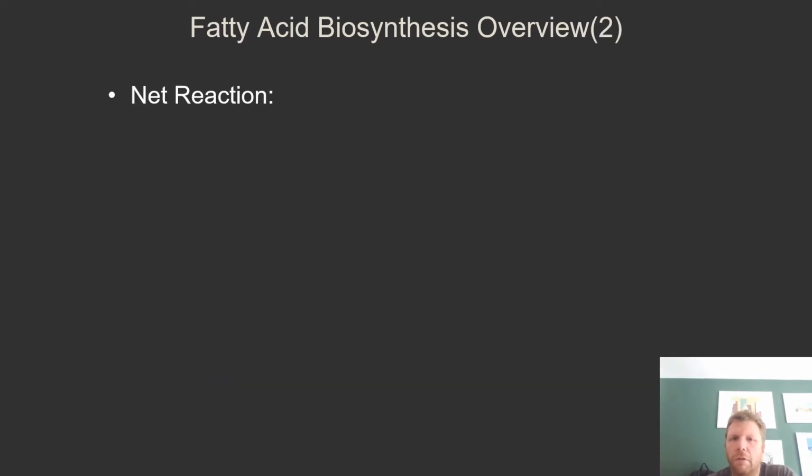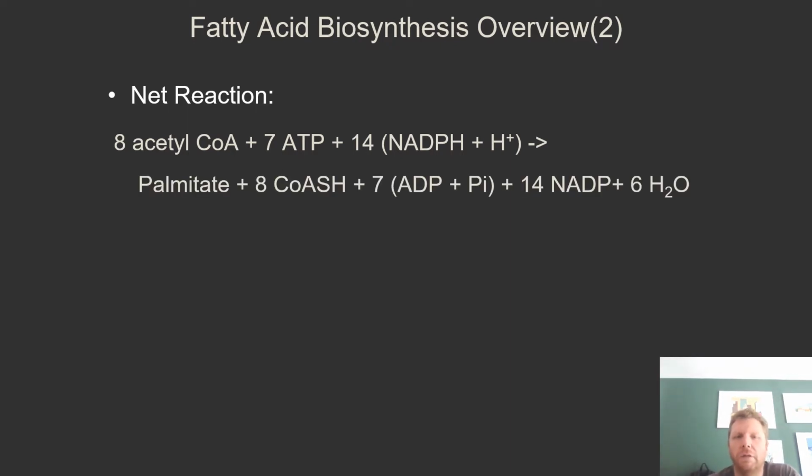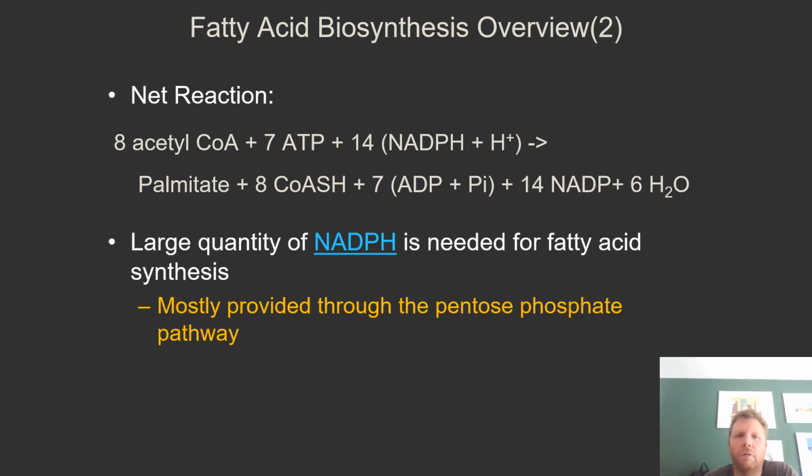Now, a fatty acid biosynthesis overview reaction looks something like this. 8 acetyl CoA molecules plus 7 ATP plus 14 NADPH and protons yields palmitate, 8 CoASH, 7 ADP and Pi, 14 NADP, and 6 H2O.